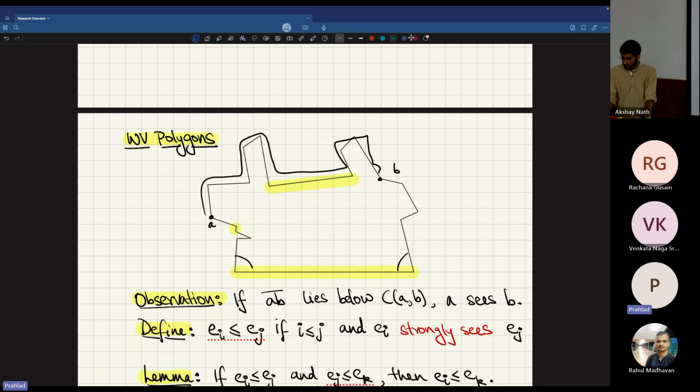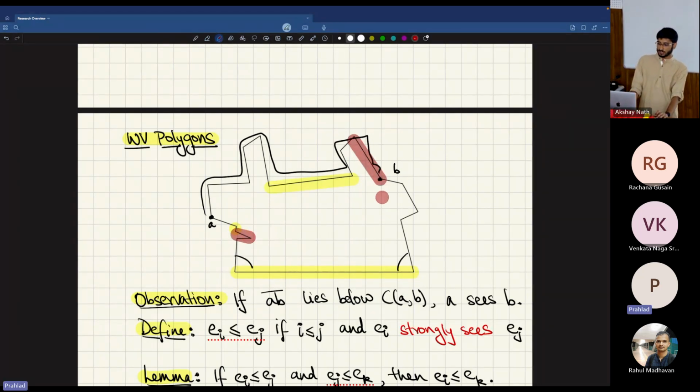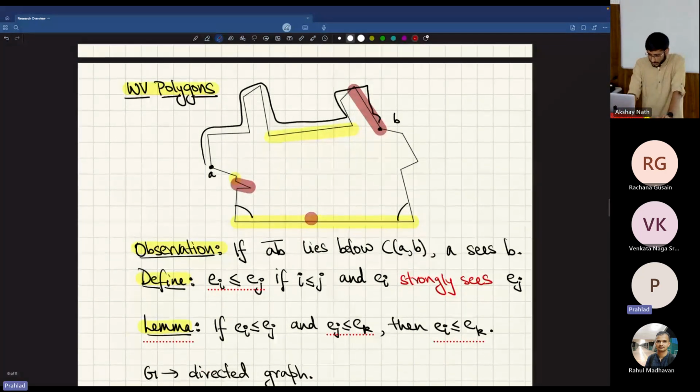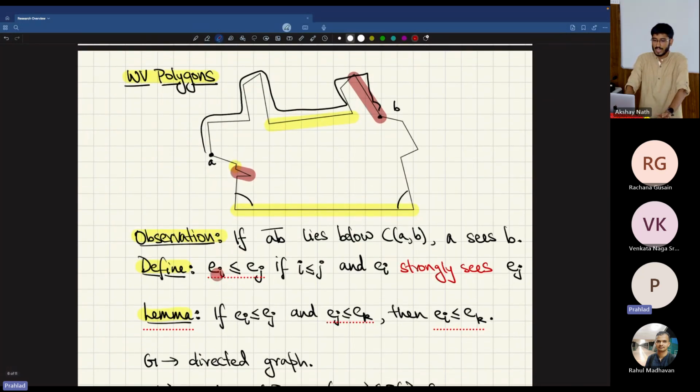But if I take a look at these two, these do not strongly see each other, but some of this sees some of that, right? Indeed, some of this sees all of this, but there are points which don't see each other in these two sets. So we would not say that these strongly see each other.